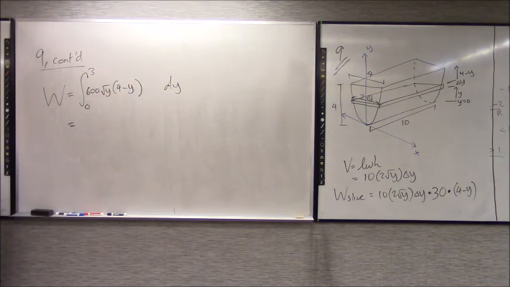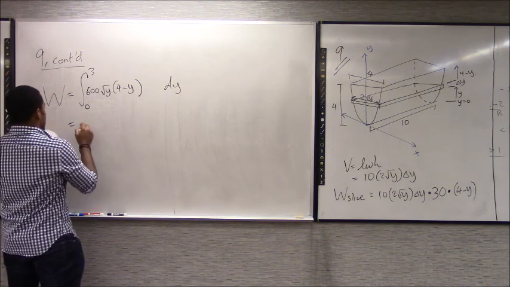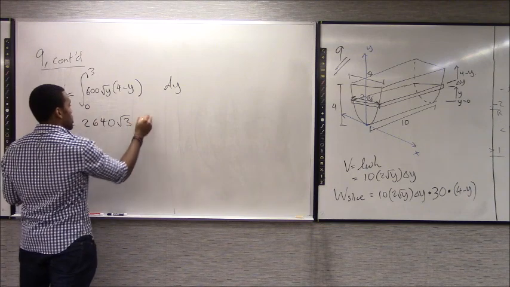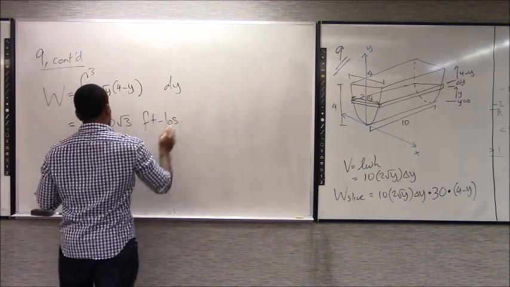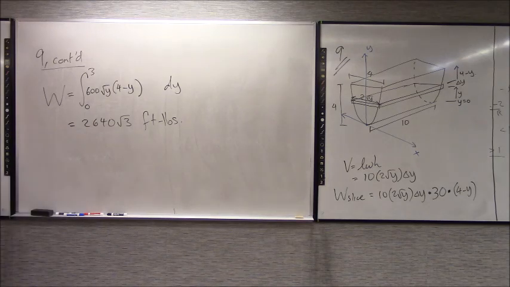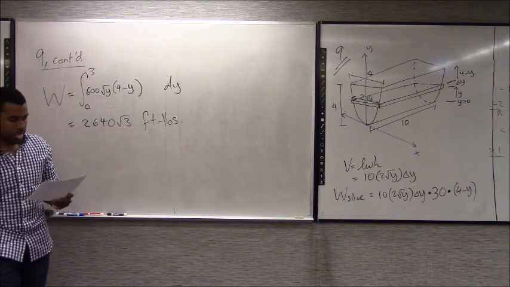And ultimately, you would get, I believe, 2640 radical 3 foot-pounds. And that's work.